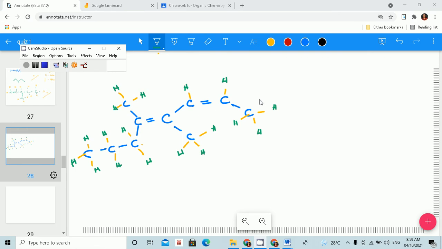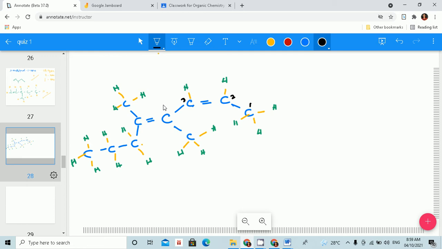If we count from here, we have 1, 2, 3, 4, 5, 6, 7, 8. Or we can count here to here: 1, 2, 3, 4, 5, then 1, 2, 3, 4, 5, 6. So the longest chain is this one.